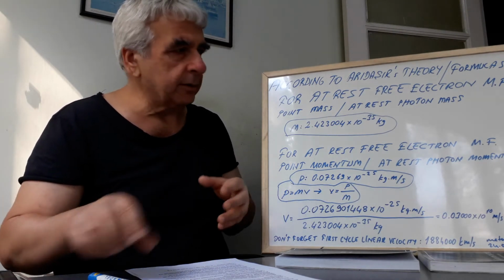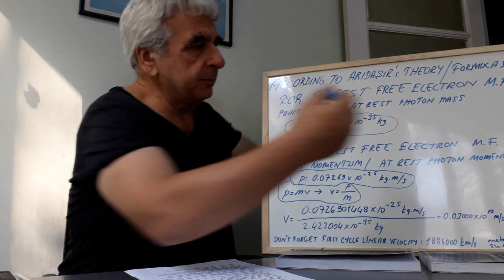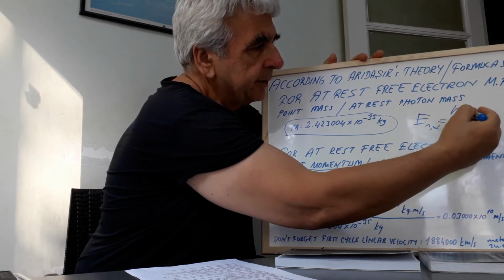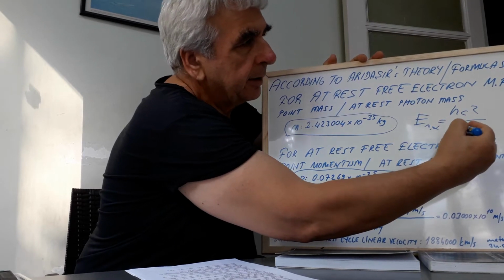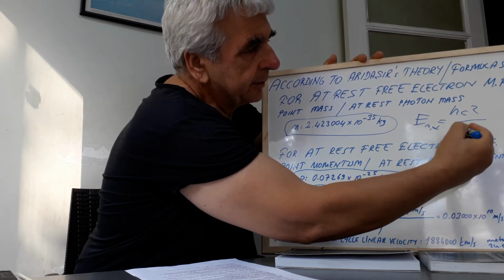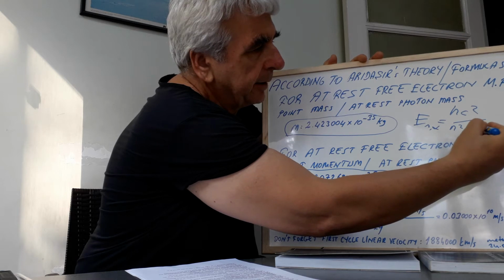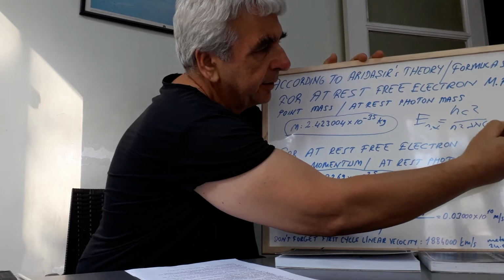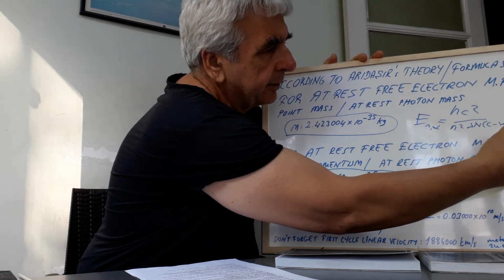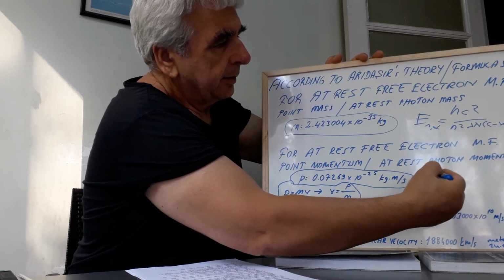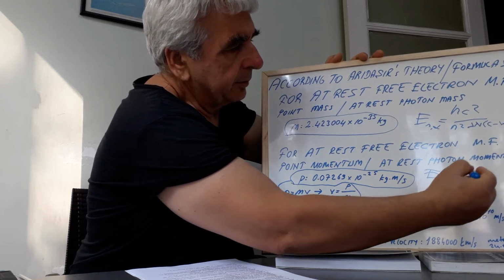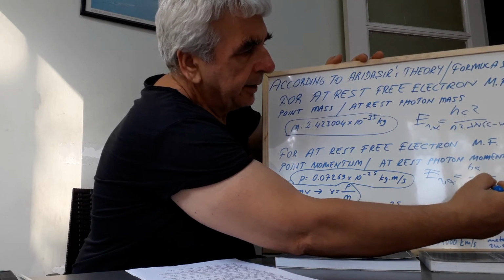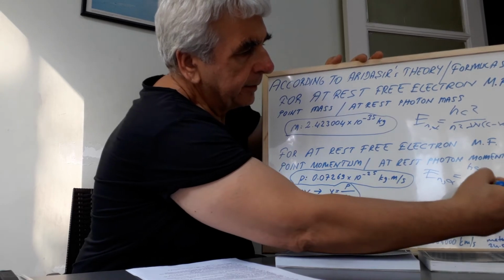Then, according to my formulas, remember E n alpha is equal to hc squared divided by n squared lambda n multiplied by, in parentheses, c minus electron motion form's velocity cosine alpha, or E n alpha is equal to hc divided by n squared lambda n minus delta lambda cosine alpha.